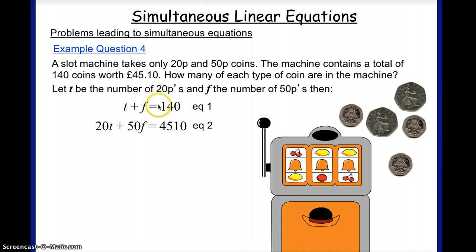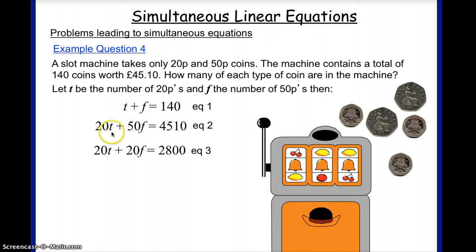Now we're going to use the elimination method. I would like to change the first equation so that I will have a similar coefficient as in equation 2. So I multiplied the first equation by 20, so you have 20T plus 20F equals 2,800. This is a new equation.